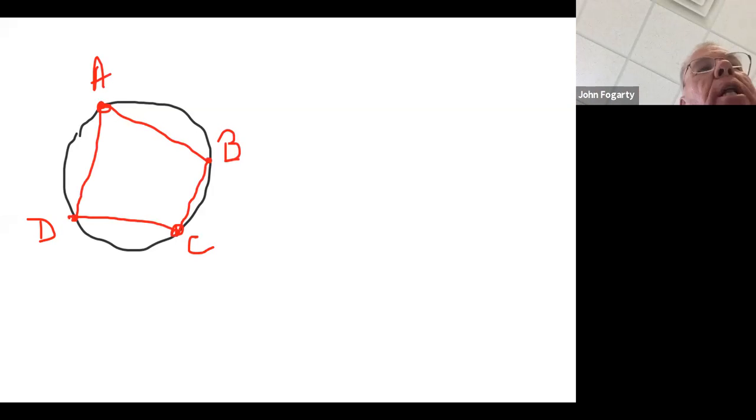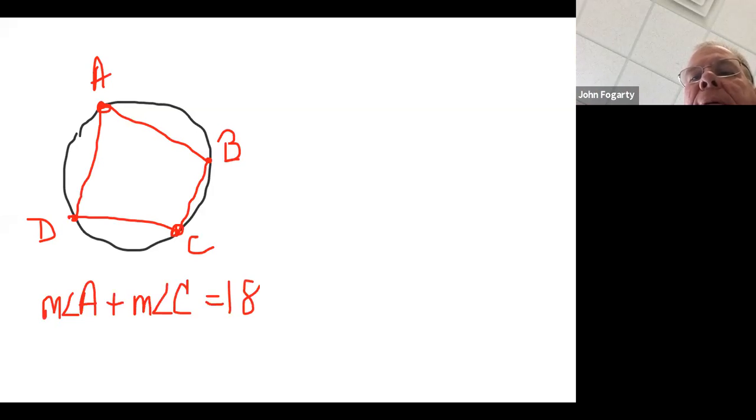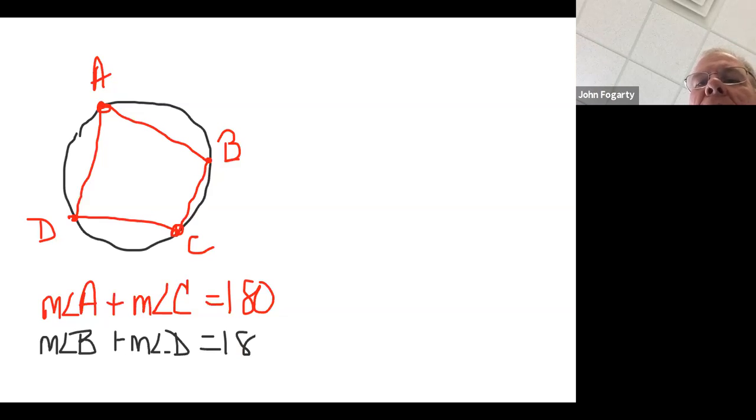The measure of angle A plus the measure of angle C equals 180, because A and C are opposite each other. What else do I know? I know that the measure of angle B plus the measure of angle D equals 180. Why? Because B and D are opposite each other. Does that make sense, fellas?